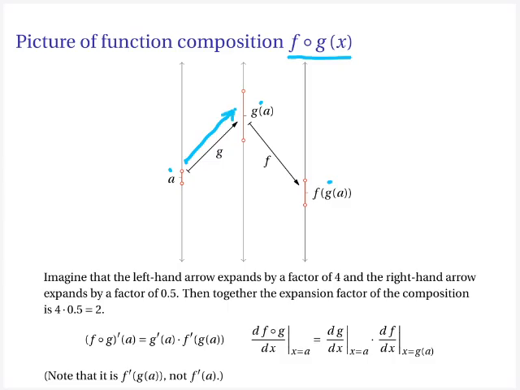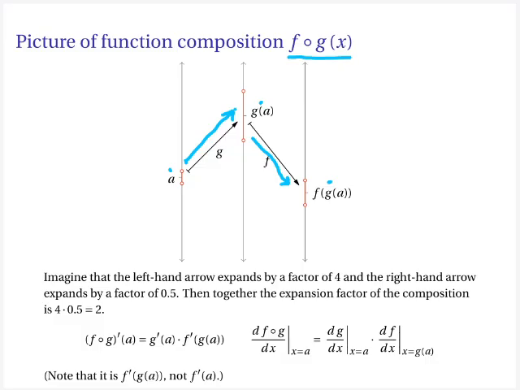Okay? And imagine that f in this picture expands the input interval by a factor of, I'll make it smaller, 1/2. Okay, that's an expansion. It's a shrink, but a shrink is a kind of expansion.